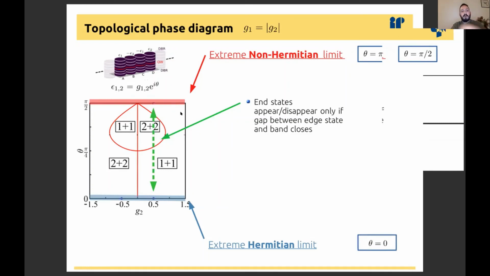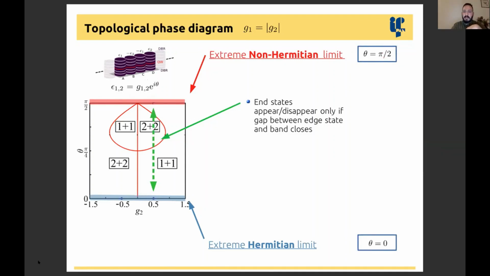We just go from one limit to the other, and by continuity we characterize the different number of edge states. In this other case, it's completely different. Here G2 is very close to 0, and at some point you see the emergence of two other edge states. So here we have 4 edge states, 2 on the left and 2 on the right.